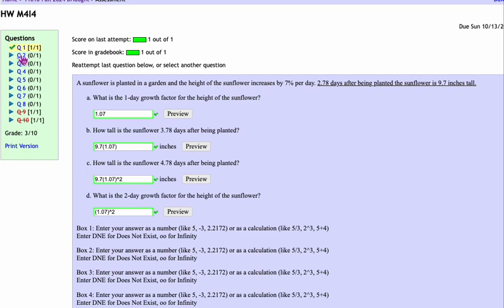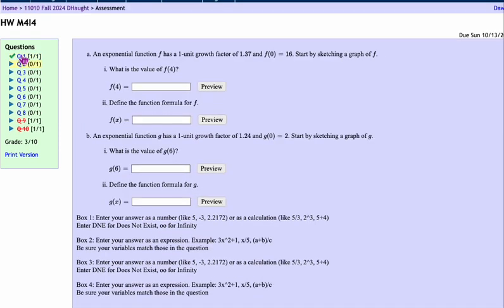Okay, now we're going to jump to question number 2. It says an exponential function has a 1-unit growth rate of 1.37 and the starting value is 16. Start by sketching a graph of f, which I can put up on the board here in a second. What is the value of f of 4?